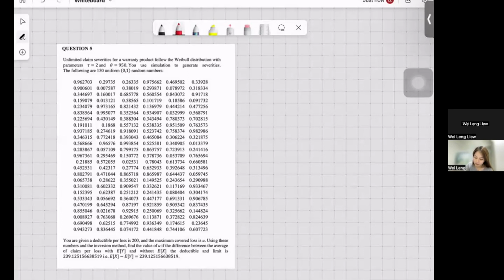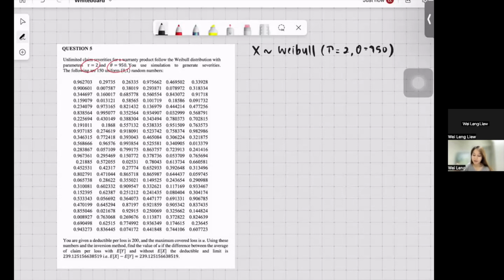So our claim severity follows a Weibull distribution, tau equals 2 and theta equals 950.